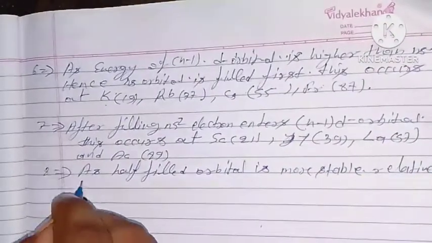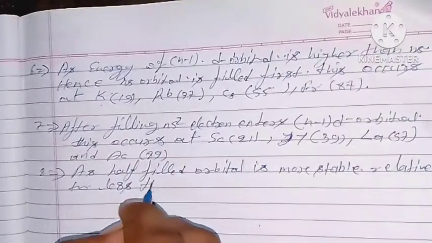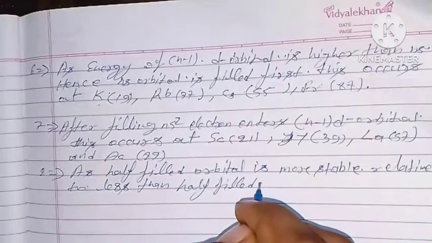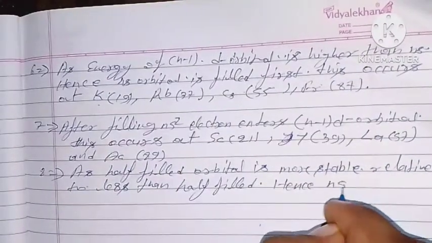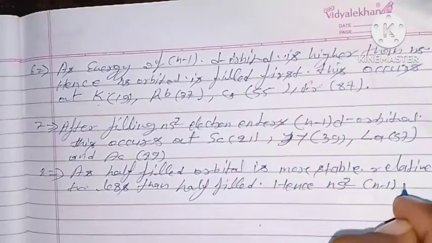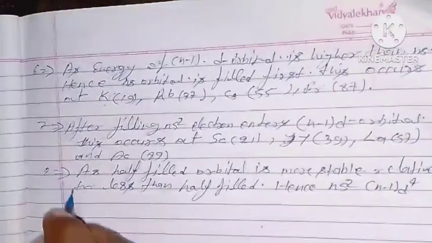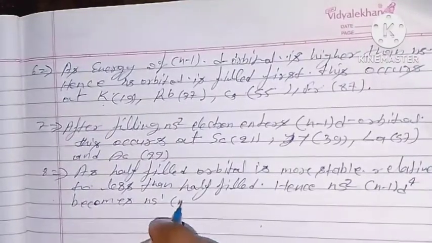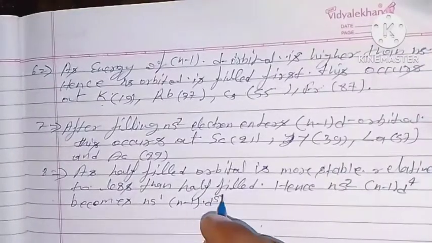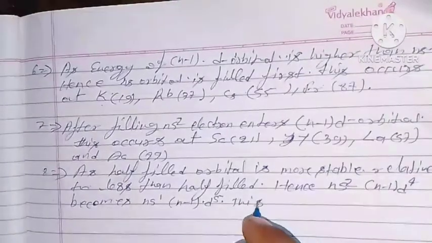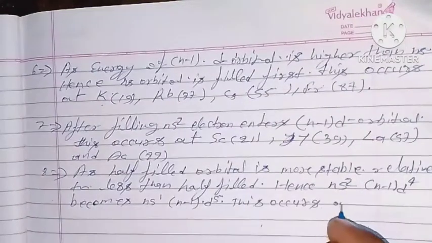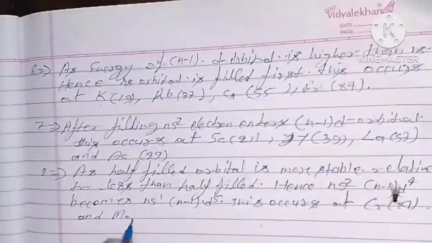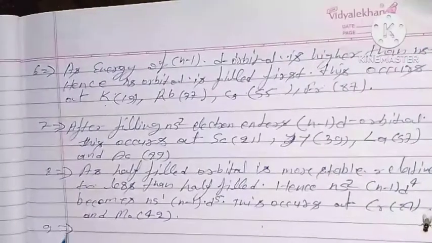Hence ns2 (n-1)d4 becomes ns1 (n-1)d5. This occurs at chromium 24 and molybdenum 42.